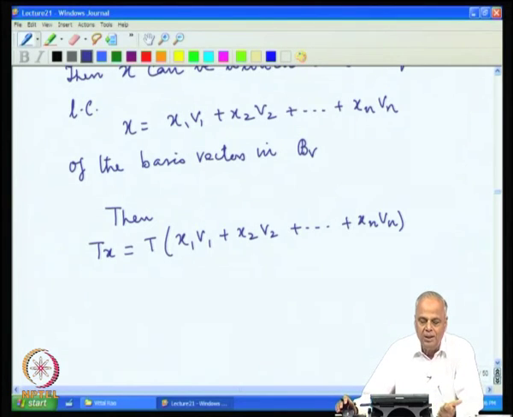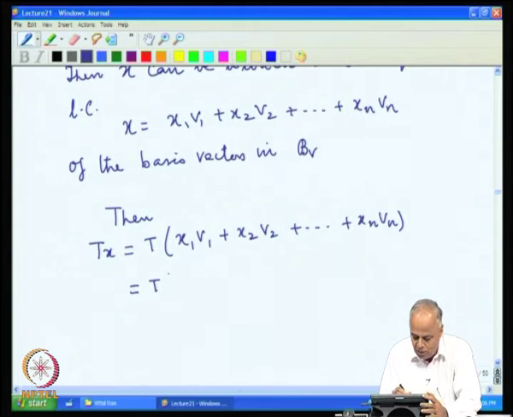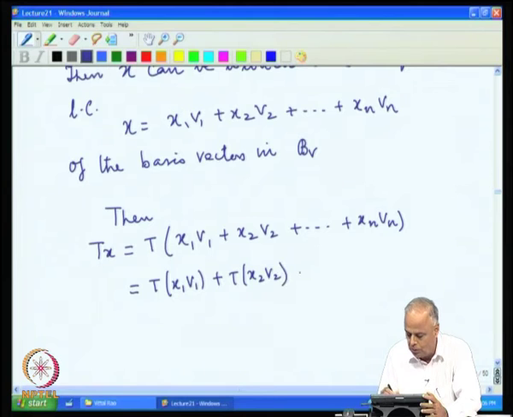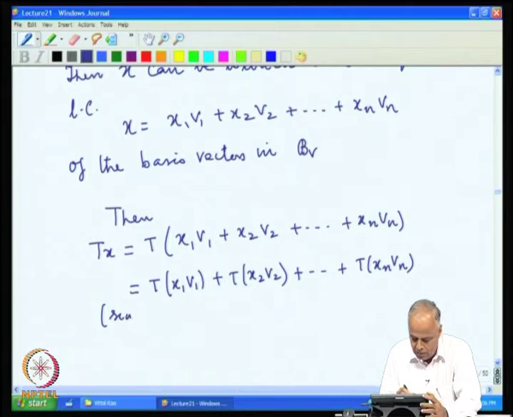So, for a linear transformation, T of a superposition is the superposition of the T's, or T of a sum is the sum of the T's. So, we can write this as T x1 V1 plus T x2 V2 plus so on T xn Vn, since we want T to be linear.